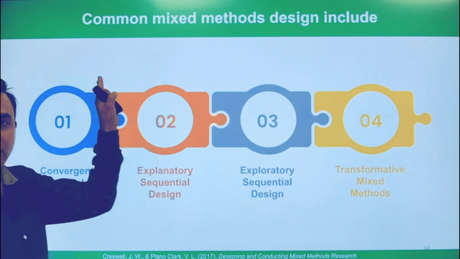And the second one was explanatory sequential design, where, since the word says explanatory, we go and gather the quantitative data first, and then we apply the qualitative method to explain the quantitative findings.